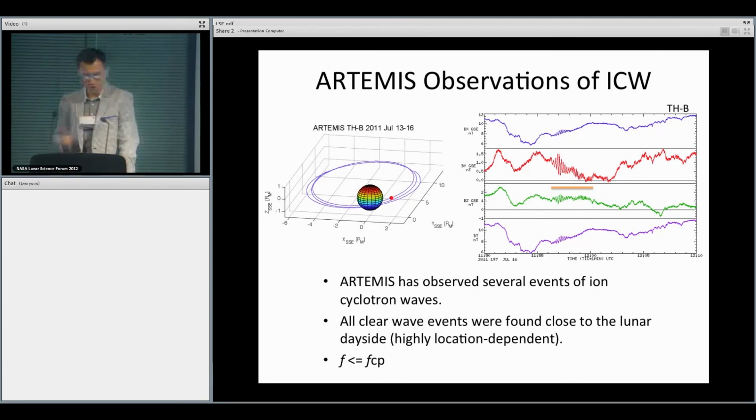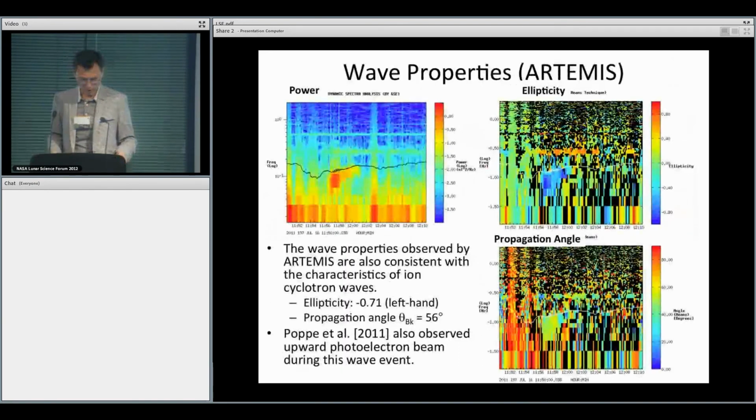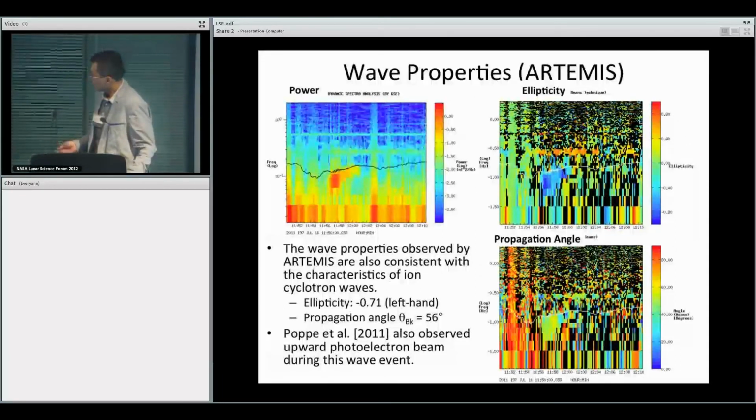We find that most of the cases are when the ARTEMIS satellite is in front of the moon toward its sunward side, and Andrew Poppy and colleagues have done a study showing that there are also higher frequency waves observed during this event.